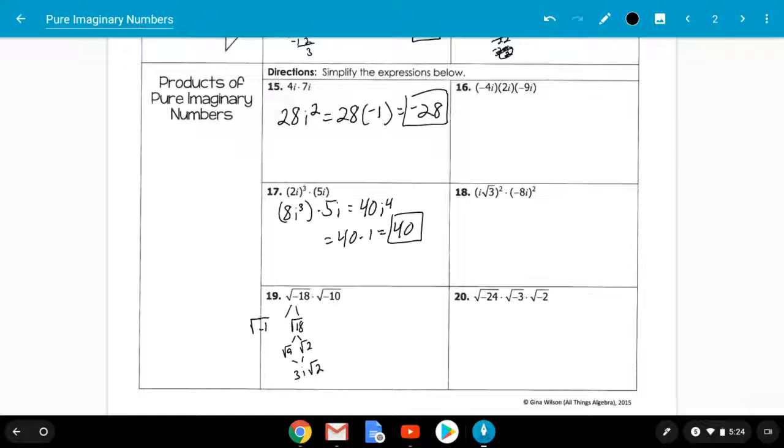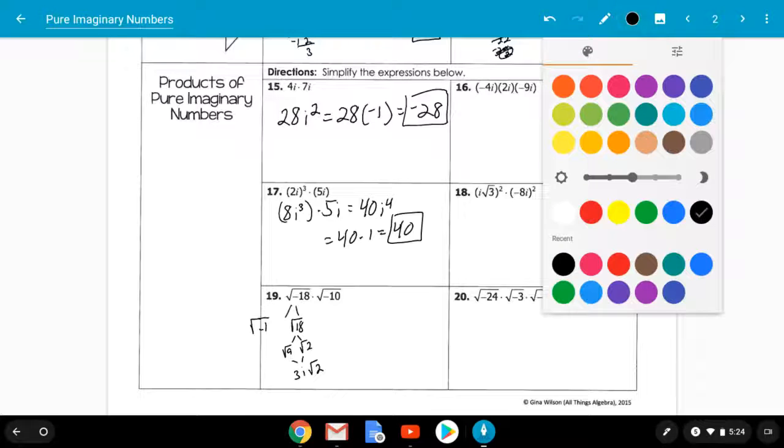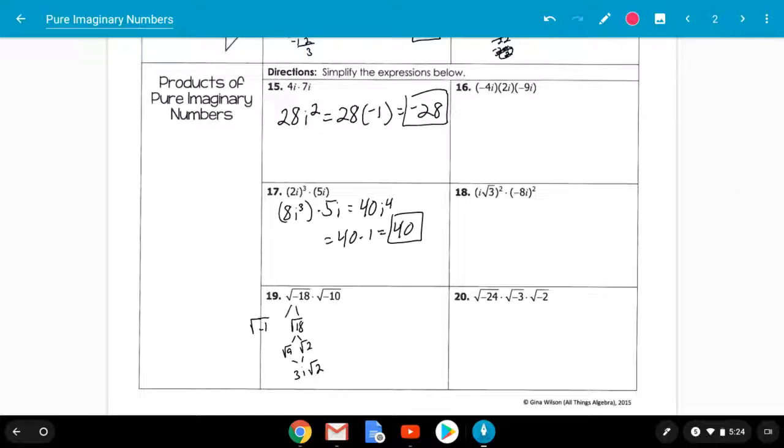Same thing here for the square root of negative 10. Square root of negative 10, I have to factor out a negative 1. And in this case here, there is no perfect square that goes evenly into 10. So this just simplifies to i square root 10. Square root 10, sorry. I don't know why I wrote 2.